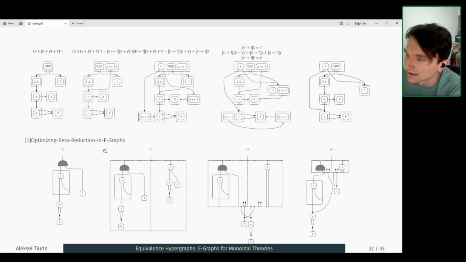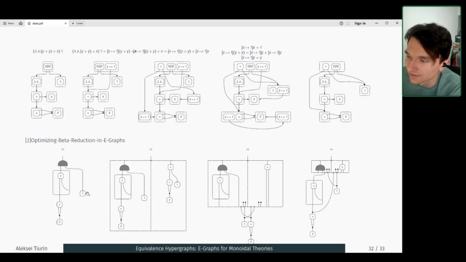It's a string diagrammatic construct below, where the bubble as before represents the lambda abstraction, and this grayish half circle represents the application of a lambda abstraction to its argument. And the nice feature of string diagrams for this Cartesian closed symmetric monoidal theory is that the beta reduction is expressed as just a single rewrite through string diagrams.